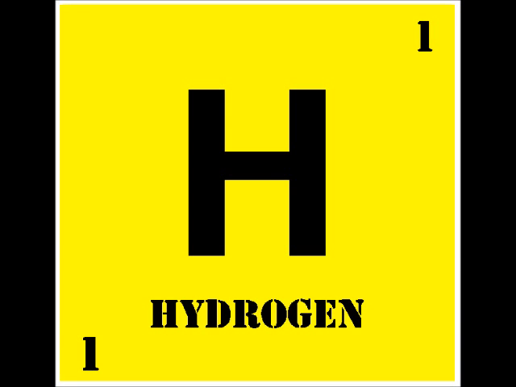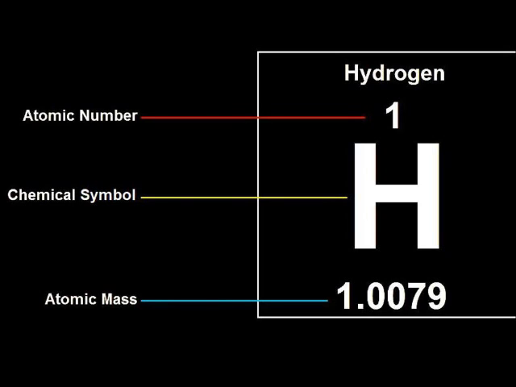So let's first talk about what that number 1 means. It's actually the atomic number, and if I did a video on molar conversions, it talked a little bit about what the atomic mass is.